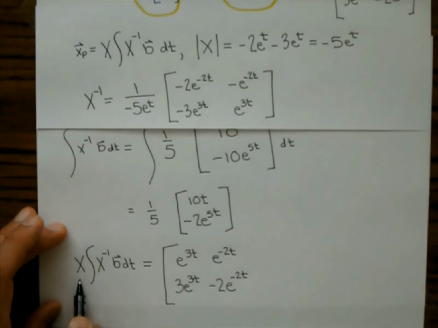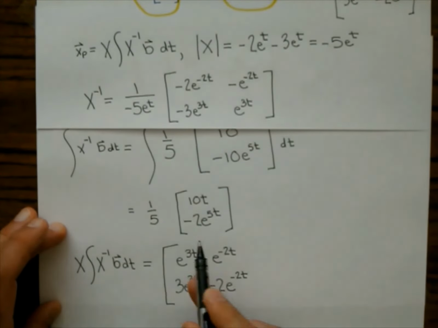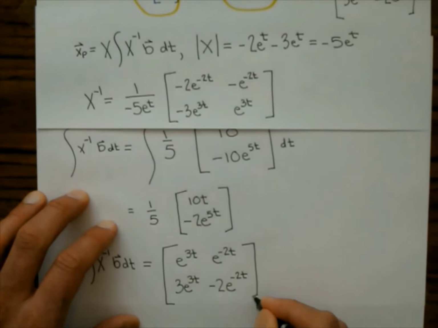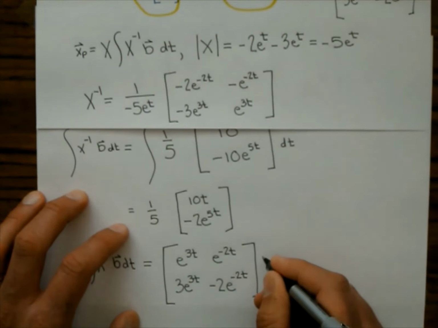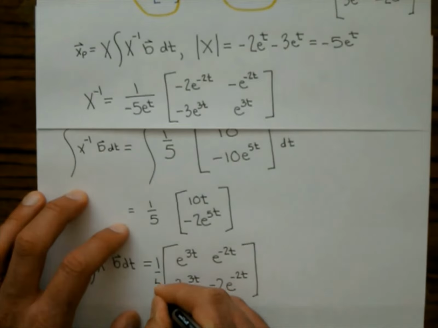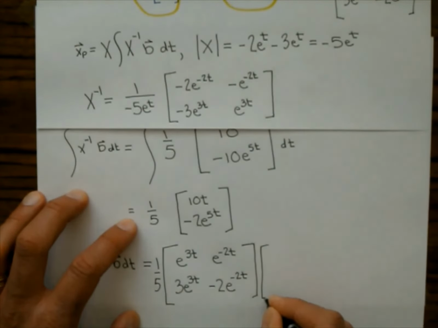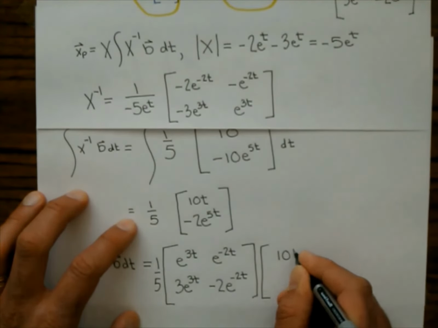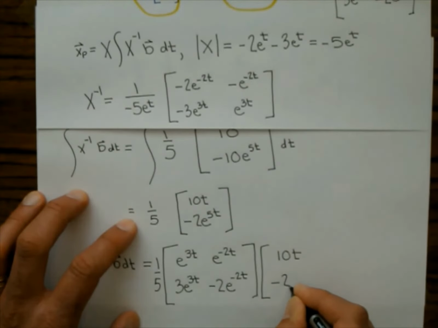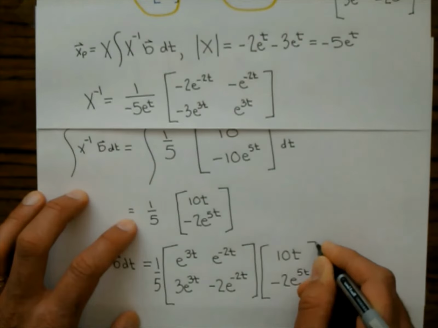So that's what X is. And then this part right here is what I just built up. There's a 1/5. I'll put the 1/5 over here. And then we have this matrix right here, 10t and then negative 2e to the 5t power.